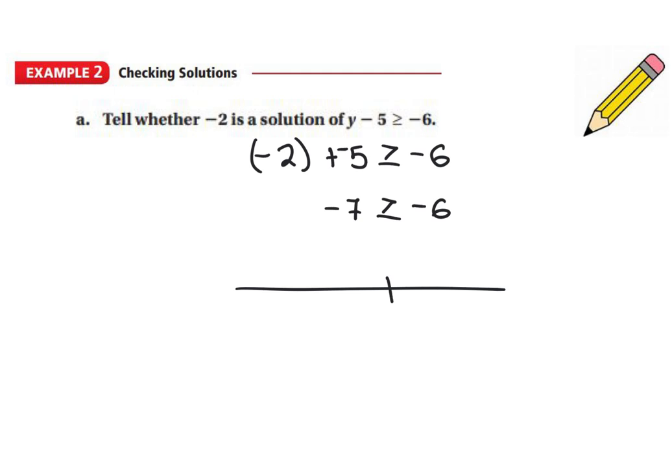On a number line, here's 0, there's negative 6, there's negative 7. Negative 7 is not greater than negative 6. Negative 7 is to the left, so we would have to say no, it is not a solution.